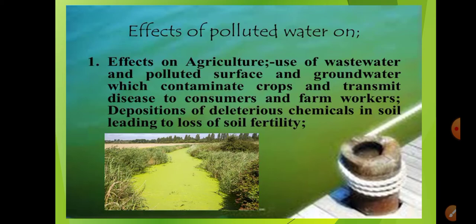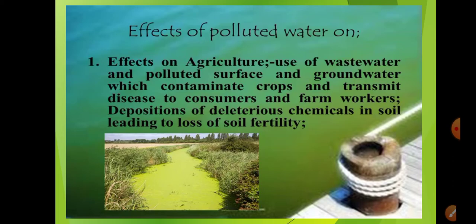Now the effects of polluted water on agriculture. What will be the effect on agriculture? You know that the wastewater and polluted water cannot be used for growing the crops, right? If you are going to use such water, then the crops will be contaminated, and the contamination of the crops will lead to us eating the same crops, which will lead to some other diseases.